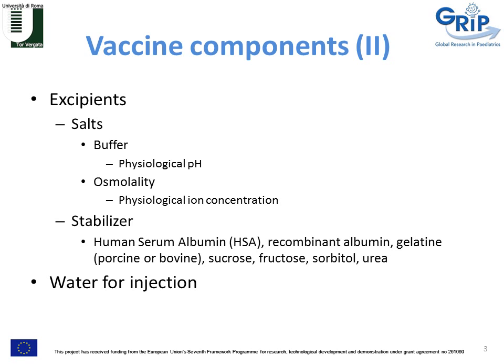So typical stabilizers are human serum albumin, recombinant albumin, gelatin derived from pigs or from cattle bones, sucrose, fructose, sorbitol, as well as urea. These substances can frequently be found in many licensed vaccines.